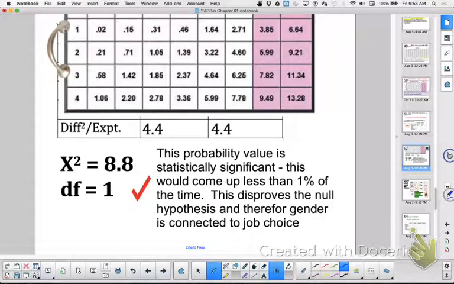So yes, if I disprove my null, this lends credence to my research or alternative hypothesis, which would say that sex has an impact on career choices, because so few women are chemists. They are underrepresented in that field.